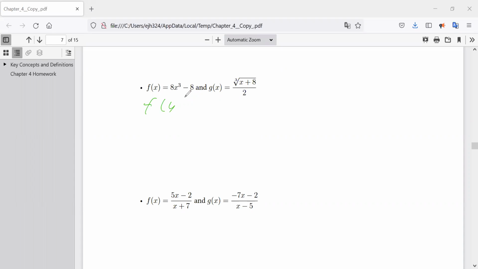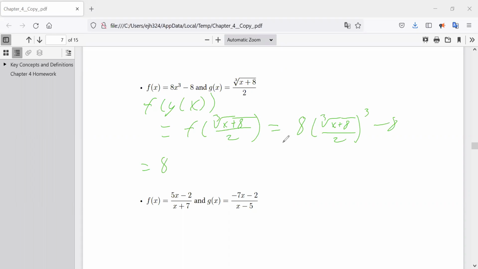So this one we'll do f of... So this is how the algebra here simplifies and shows you that these guys are inverses.